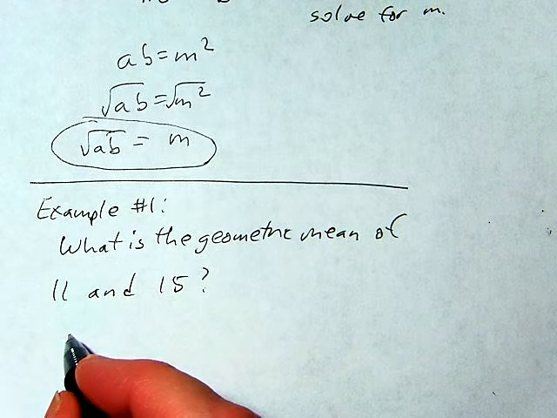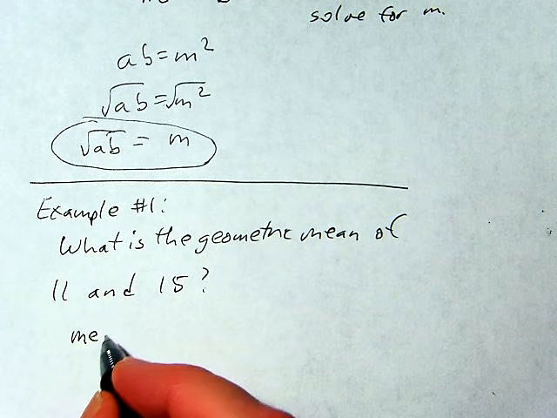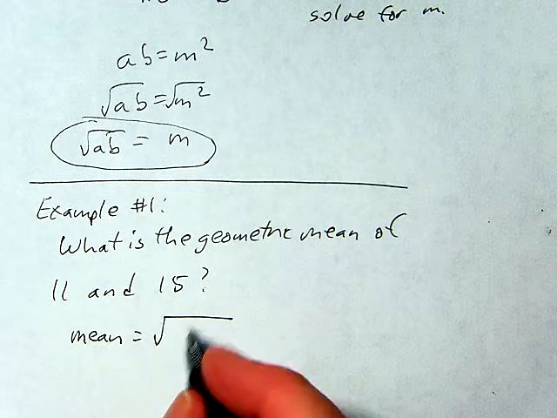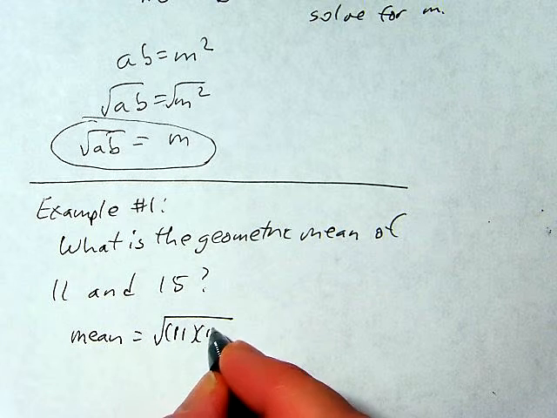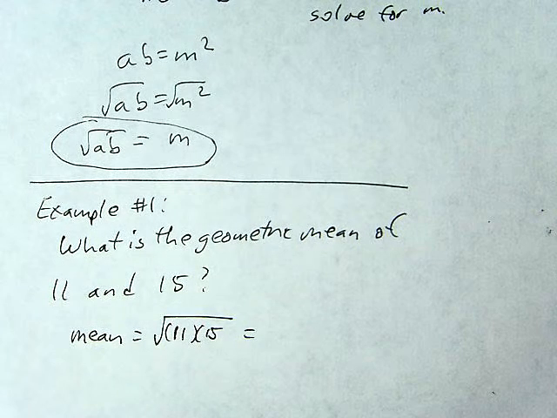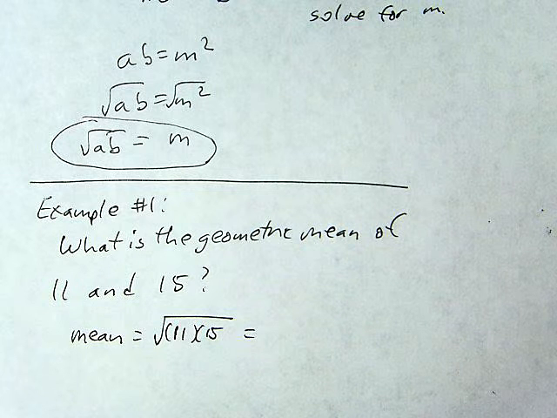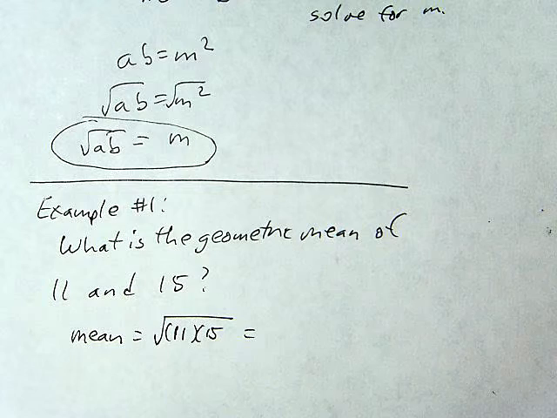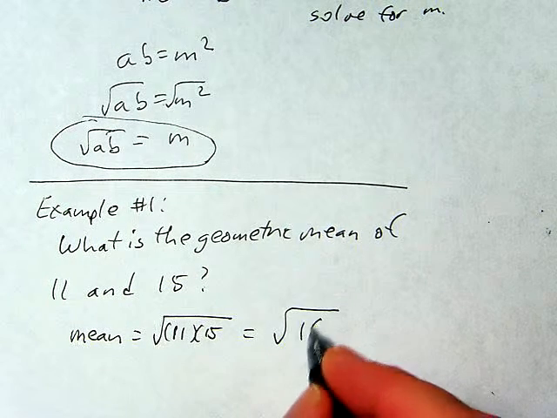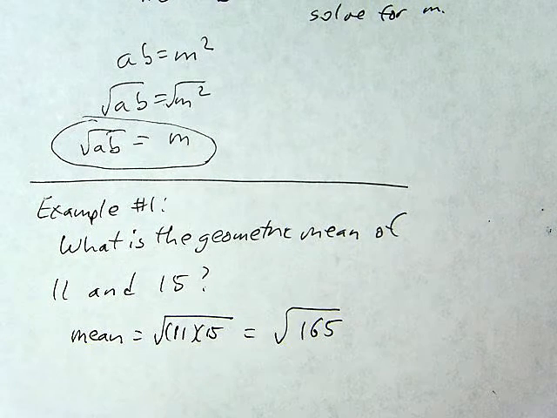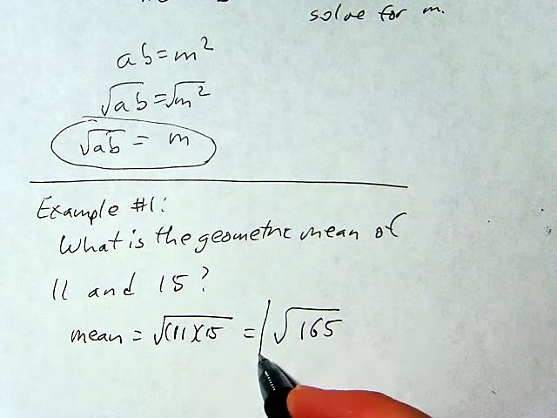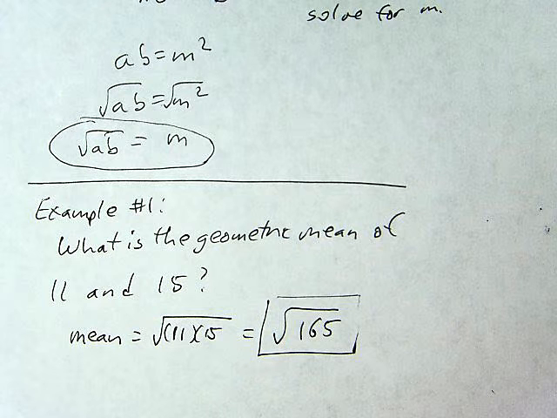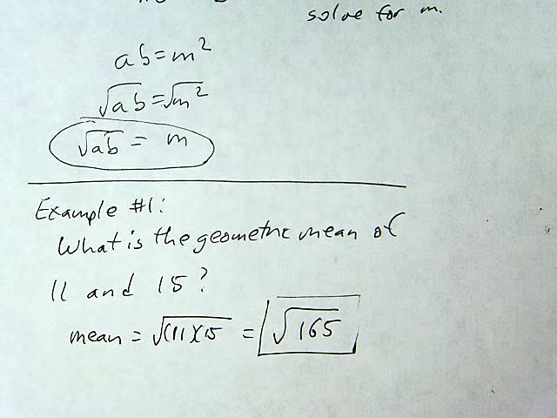The geometric mean is equal to the square root of the two numbers multiplied together, 11 times 15, which is equal to, I'll just take my calculator out here, 11 times 15 is 165, and that is my answer. Okay, simple as that. The answer is the square root of 165. I cannot put it in any simpler terms because there is no perfect square that divides into it.